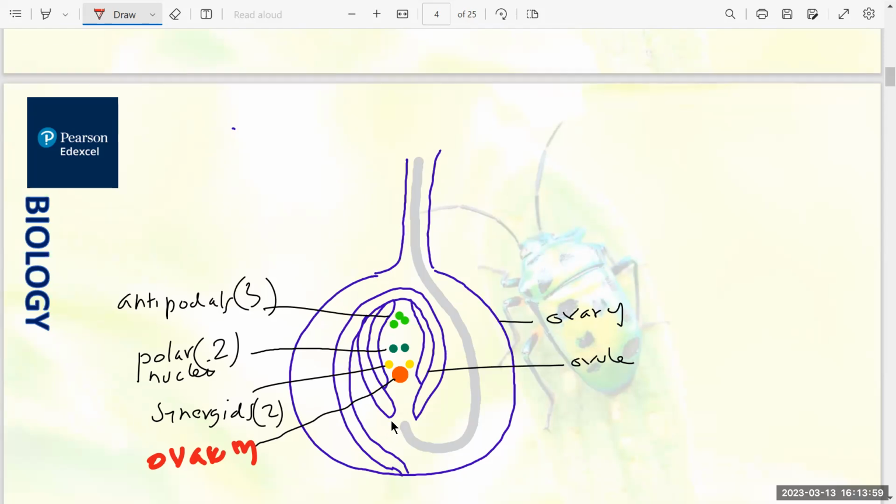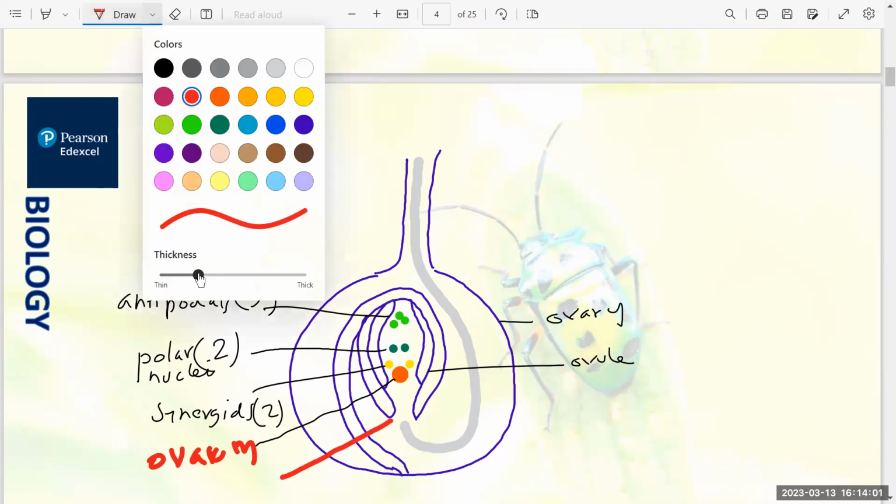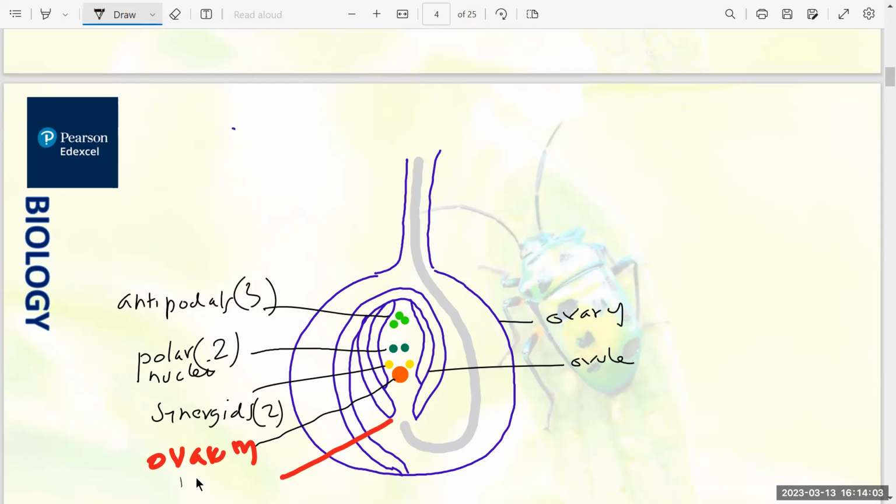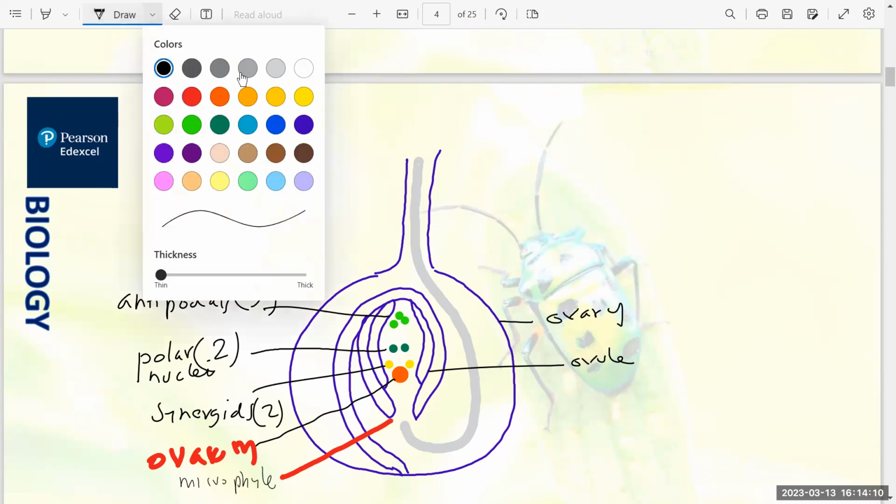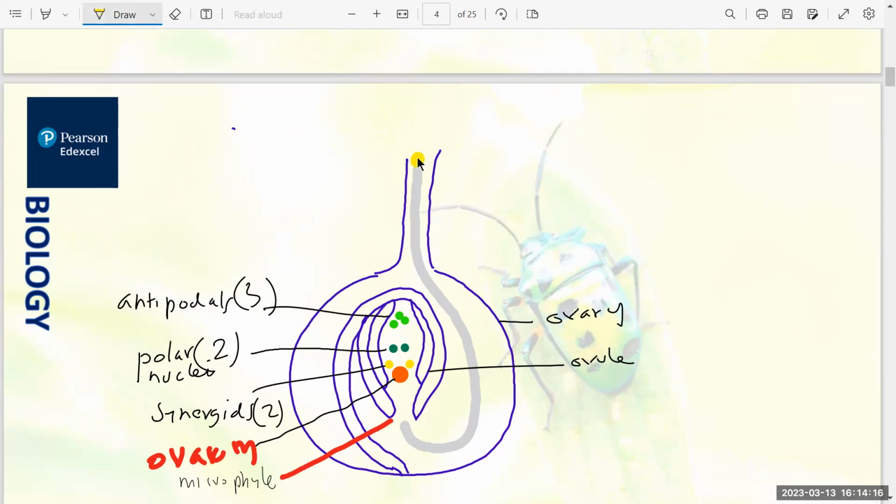This opening is called micropyle. All right. So here is the pollen tube.